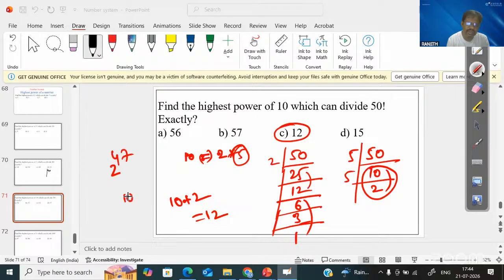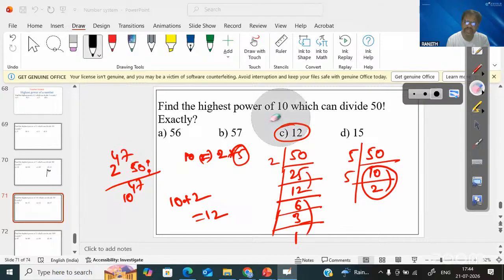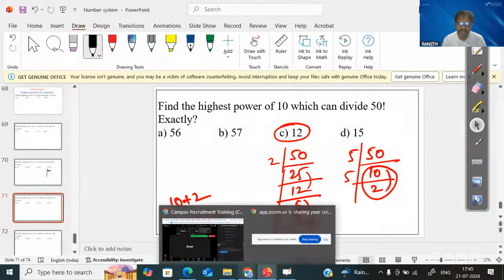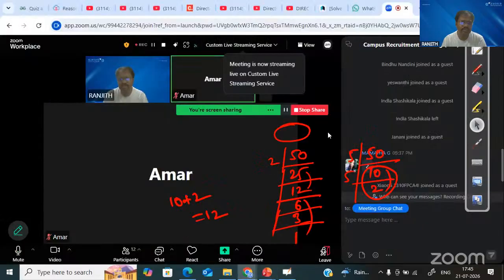But we can't write 10 power 47 is exactly divided by 50 factorial. So we need to take the least power. What is the least power in the sense? Between 2 and 5, obviously we get the least in 5. So the answer will be 12. Any doubts here? I think no. So let's continue to the next.